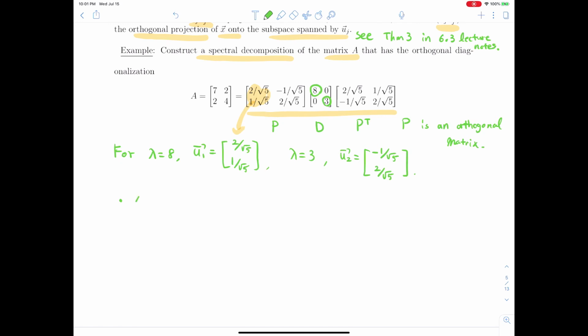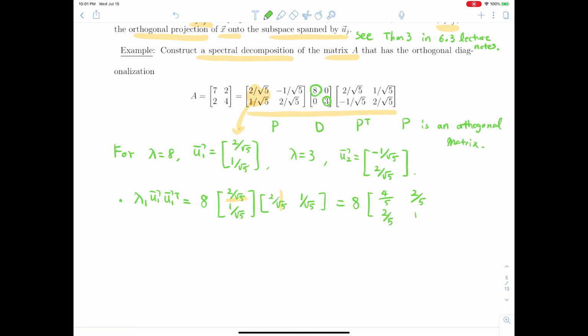And if we calculate lambda 1, u1, and u1 transpose, then this gives you 8 times 2 over square root of 5, 1 over square root of 5, multiplied to 2 over square root of 5, 1 over square root of 5 as the row vector. Then this gives you 8 times, so this times this equals 4/5. And the other one is 2/5. And the next one is 2/5.